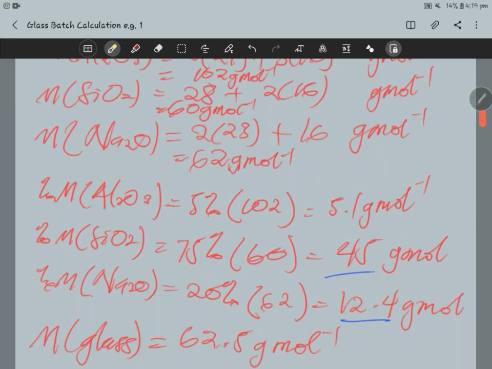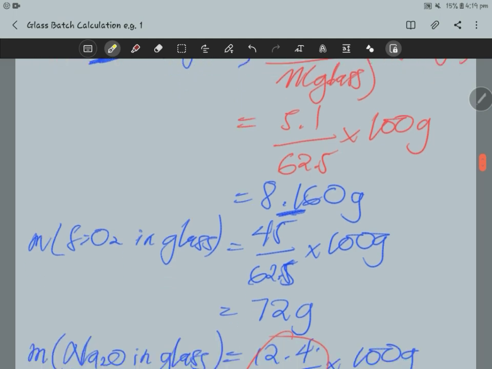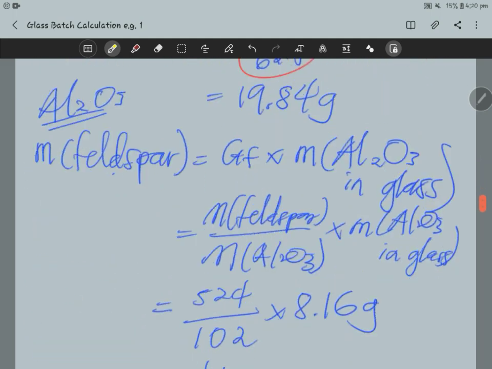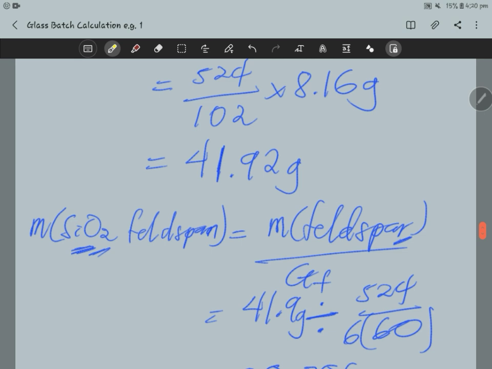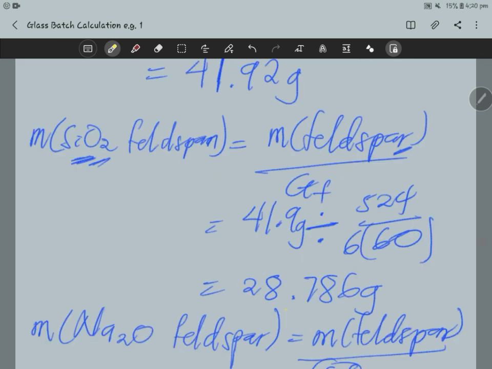So let's check this. The mass of SiO2 in glass is 72 grams, right? If you check it with the amount of SiO2 that the feldspar gives, this is just 28, meaning we don't have all the SiO2 that we need, so you have to add some sand or pure silica.